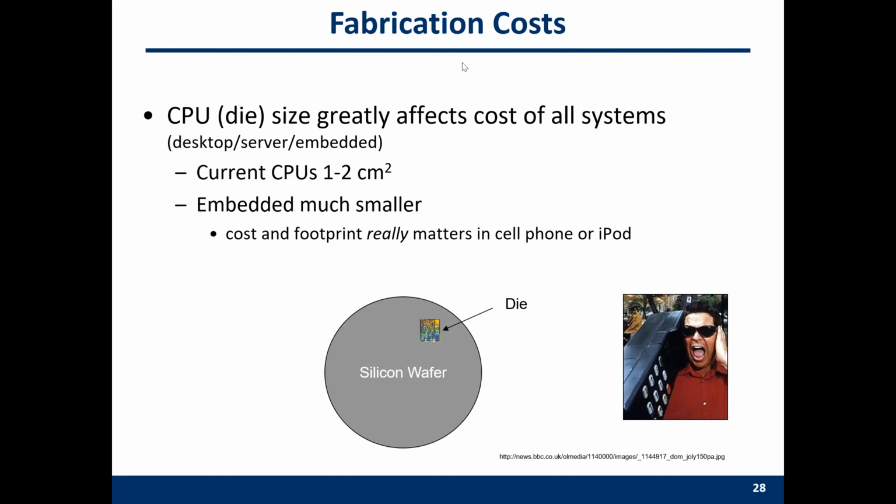Assume that we have this, then your chip is $100. One chip is $100. If I can fabricate 10 chips, so that's the reason why we want to have a smaller chip area.